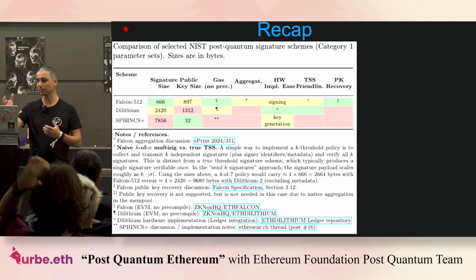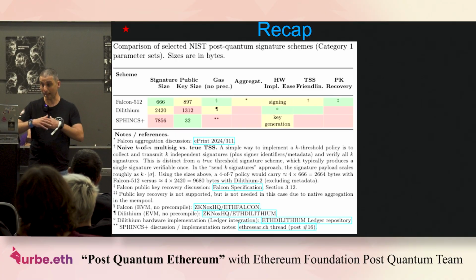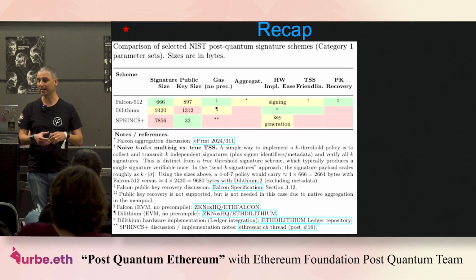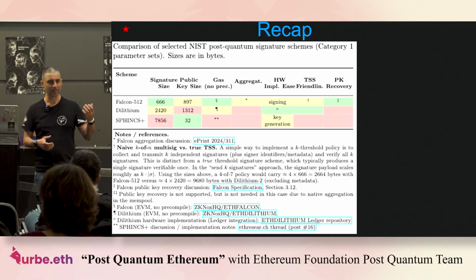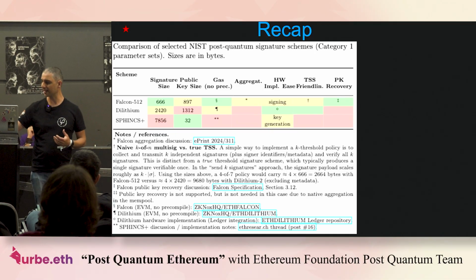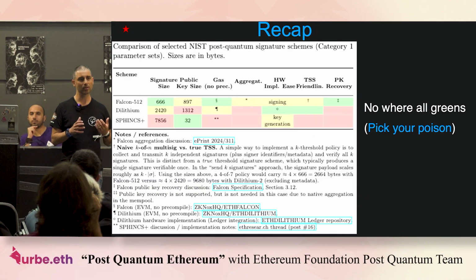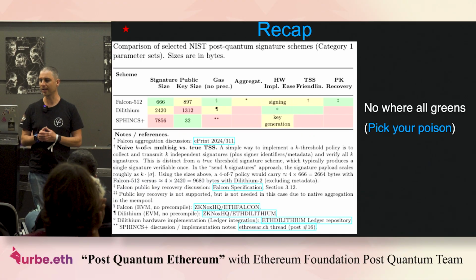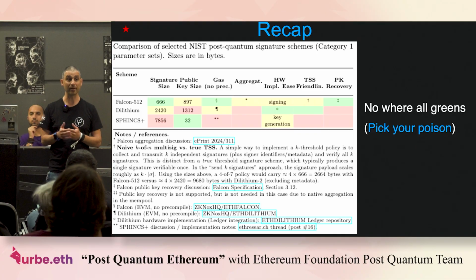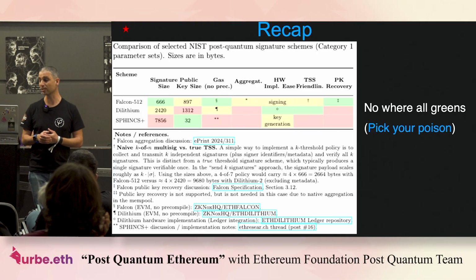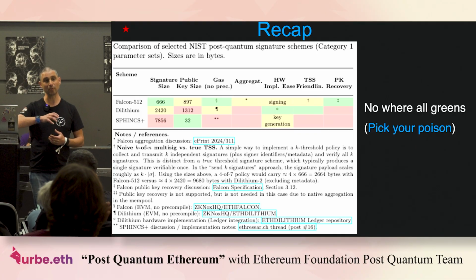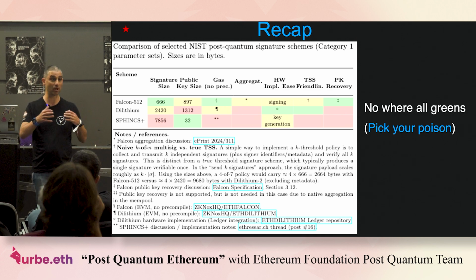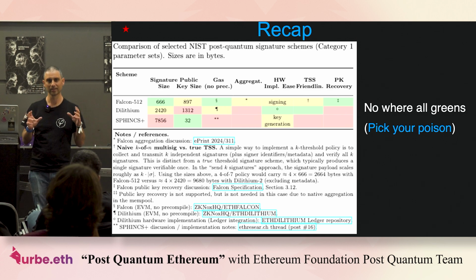Here we see the signature size, the public key size, whether we can aggregate, and how much it costs in gas, because there's no solution like elliptic curve that fits all the columns. We are really in a pick-your-poison situation where you don't have a winner here. For example, Falcon has a really small size compared to the others.